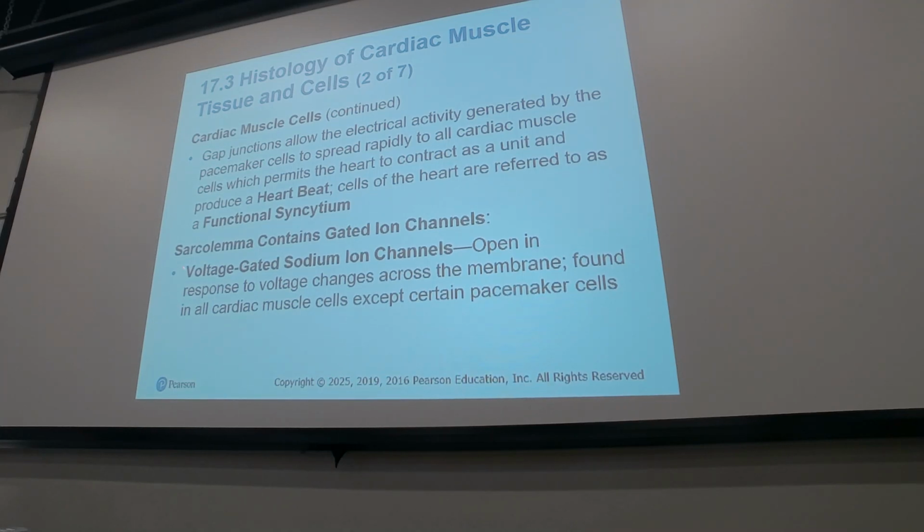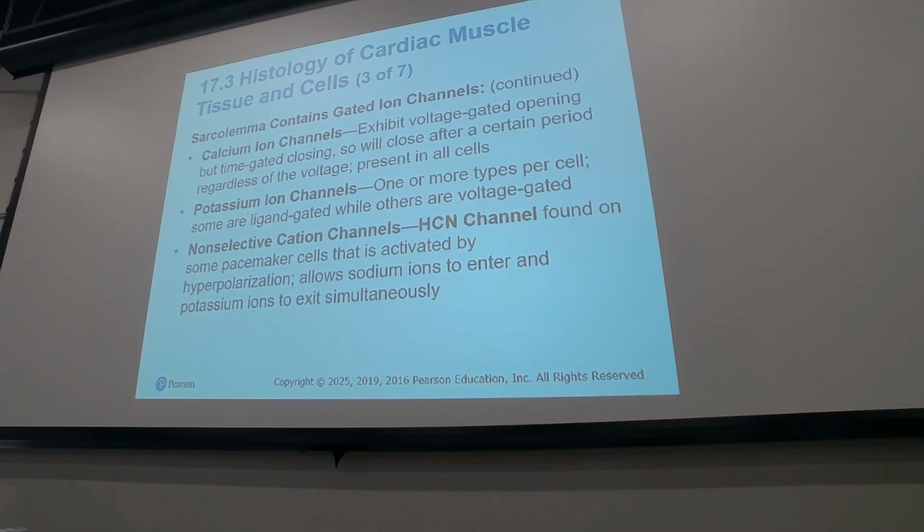And within the sarcolemma, remember, sarcolemma is the proper terminology for the plasma membrane of muscle cells, we have gated ion channels, like sodium channels, that open at a specific voltage. And then we have calcium channels that open at a specific voltage, and they close after a certain period of time, like within 100 milliseconds, for instance, or 150 milliseconds.